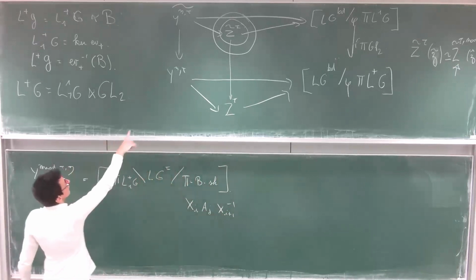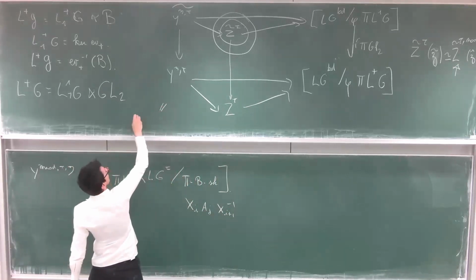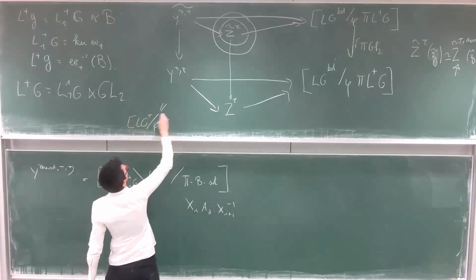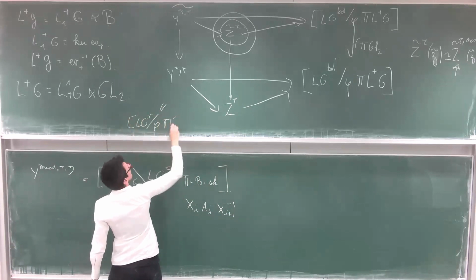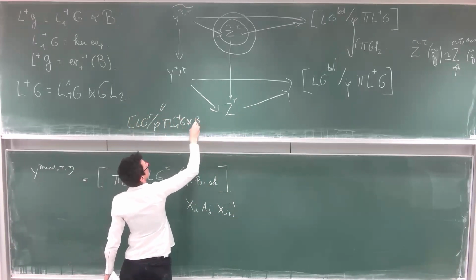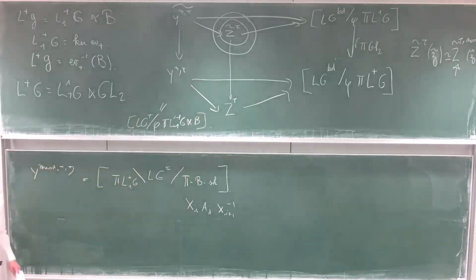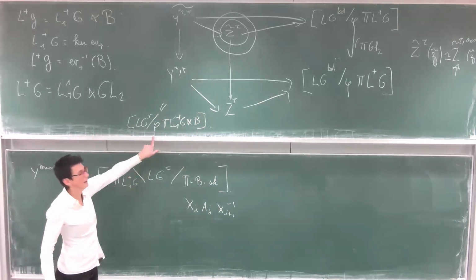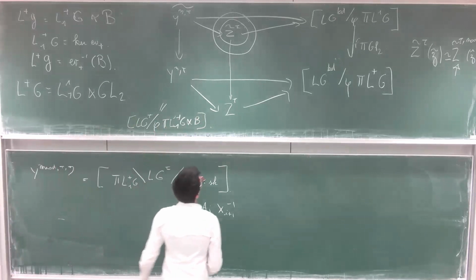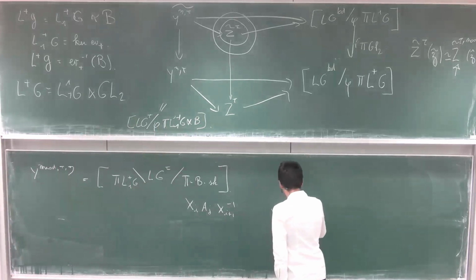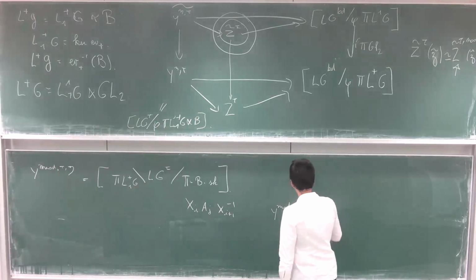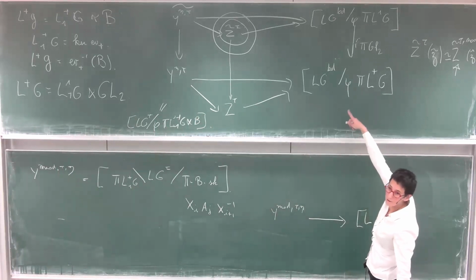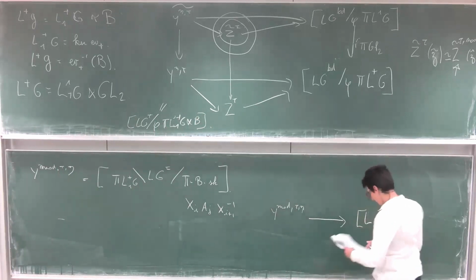So the x here was the same as AG, the phi conjugation, the product of L with G and B. Okay, so this looks the same, but the main point is we don't have any phi. So this is our model. So you construct the equivalent object without any phi here.